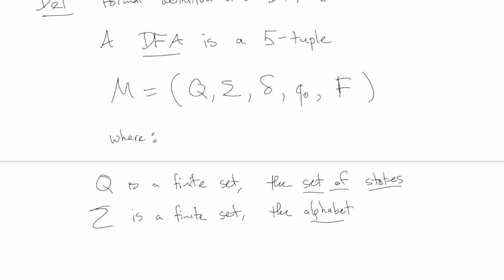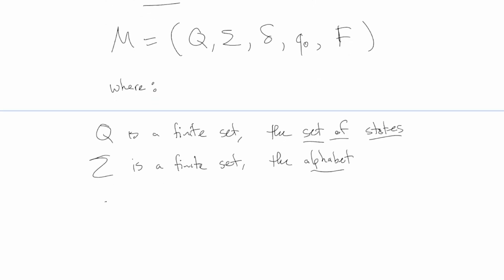In our examples, it's usually A, comma, B. That's the typical alphabet that we use, but it could be anything, of course. Delta. All right, here's where it gets a little complicated. Delta is what describes the transitions. Those are the arrows in the diagram. And there are various ways that you could describe what delta is. But you have to describe everything here in the language of set theory. So you could say delta is a set, or maybe it's a tuple. It's actually most convenient to describe it as a function.